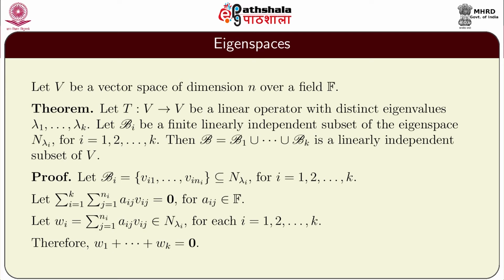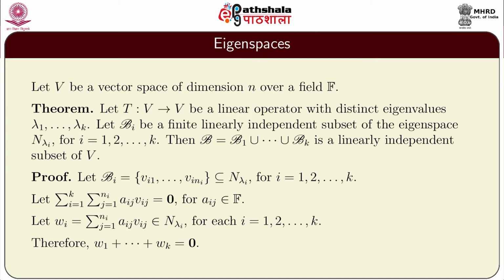Let us write Bi as the collection of vectors Vi1, Vi2 and so on up to Vini. So, each Bi is a subset of the eigenspace E lambda i for i equal to 1 to k.